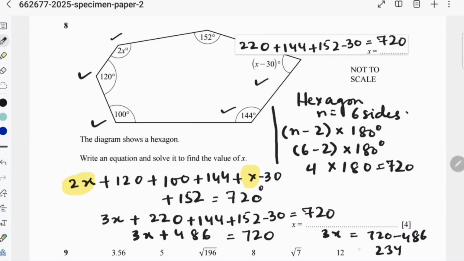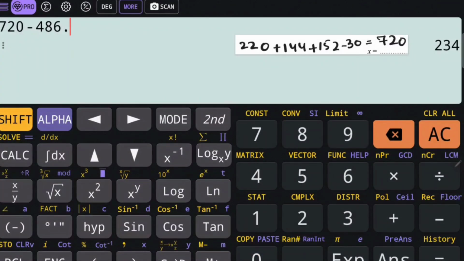Now 234 is divided by 3 to get the value for x. 234 divided by 3, so you are getting 78 as the value for x.